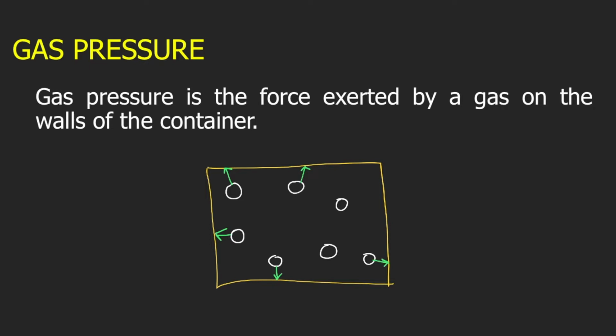And when they collide with the walls of the container, they will exert a force on that area. For example, this gas particle will exert a force there, here, and then here. Now, this force exerted by the gas particle on the walls of the container is what we call the gas pressure.